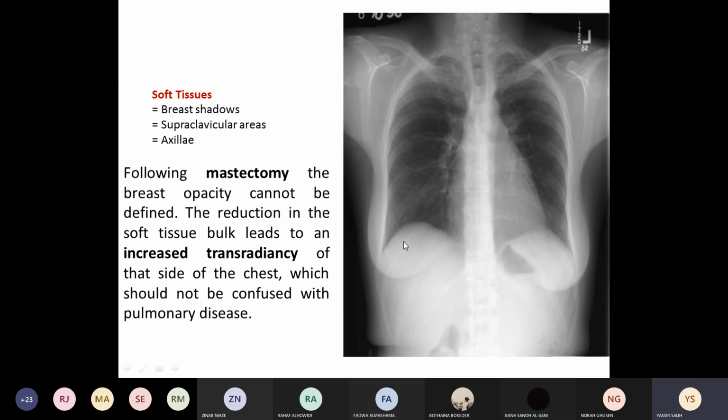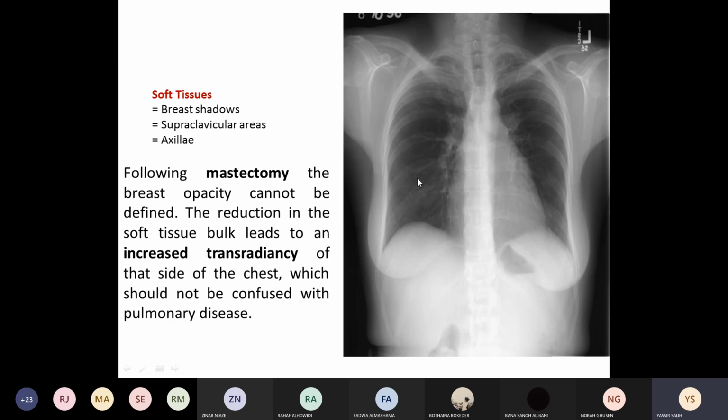Yes, more black, more lucent, because this is soft tissue. If we remove it, it affects the density, and it will look like this. If there is a history of mastectomy, the site of mastectomy will appear more translucent, more black than the other side. Therefore we consider this one of the differential diagnoses of increased translucency of one side.